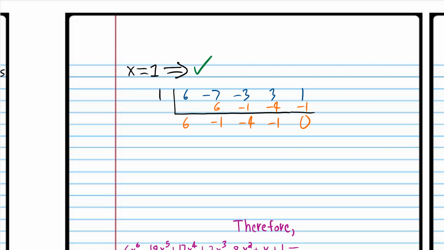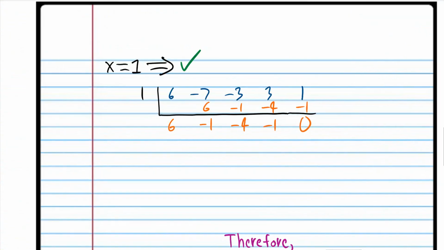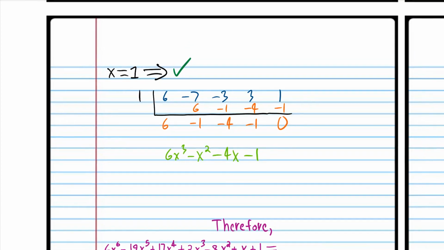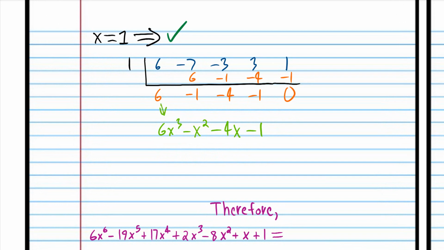So now we have another depressed polynomial. Now we have a degree 3. So we got those numbers from there, obviously.